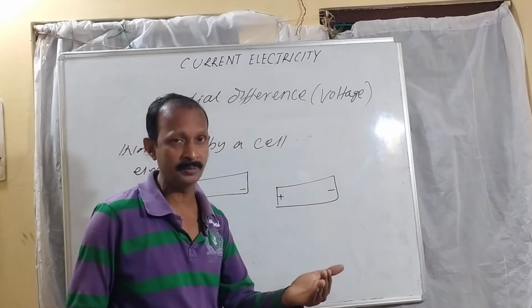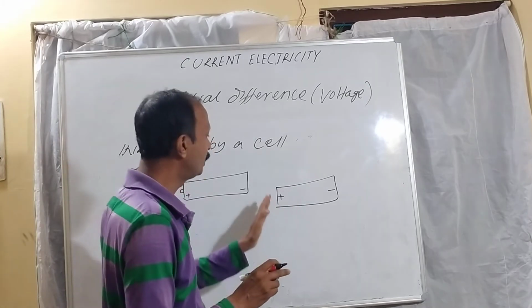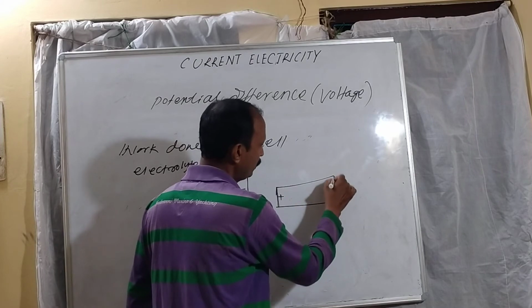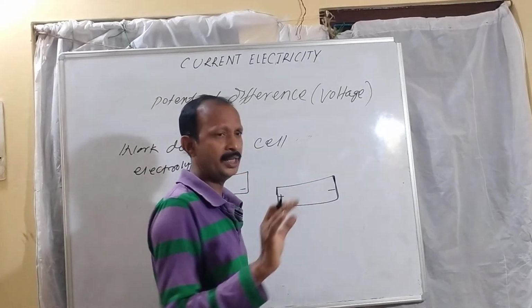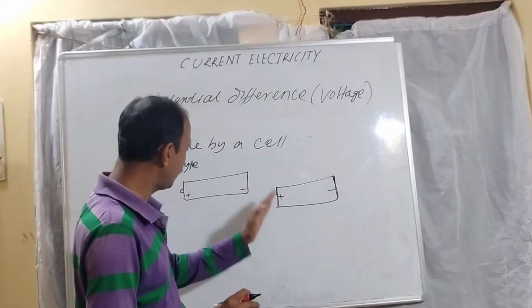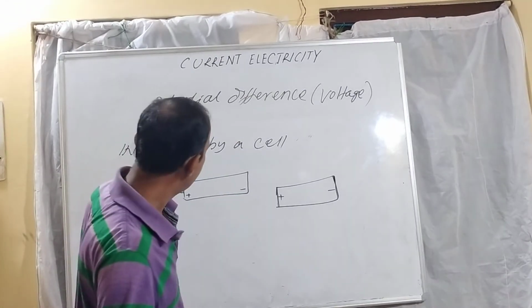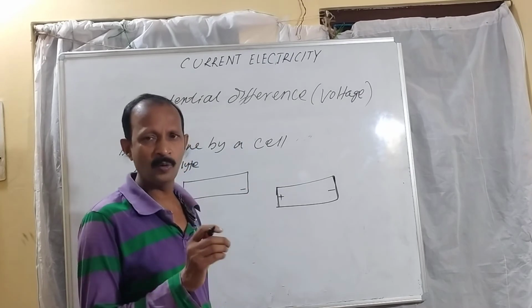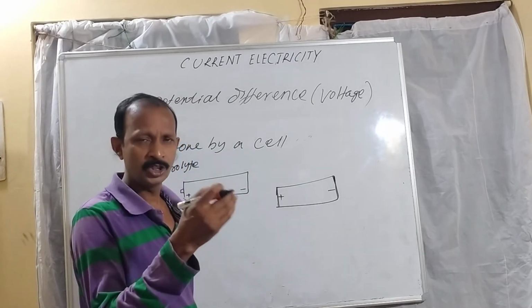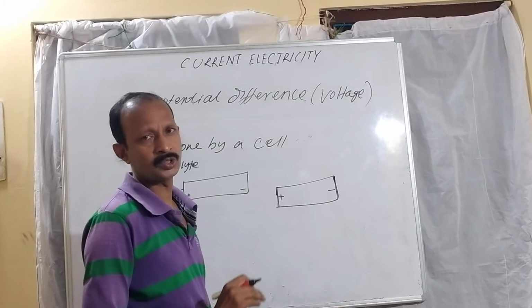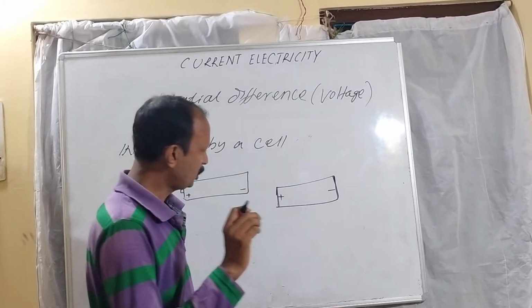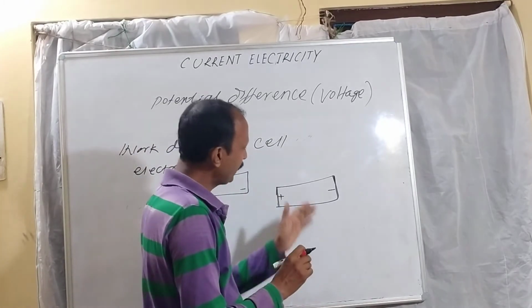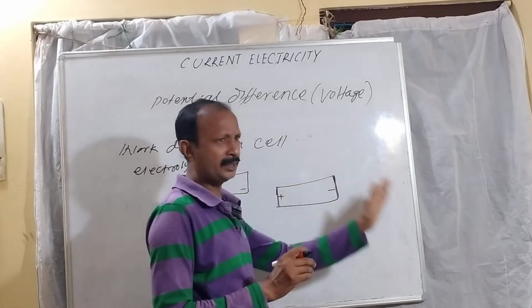Inside this cell, some chemicals are there. Those chemicals provide positive ions as well as negative ions. These positive ions move to one end of the electrode. Negative ions move to another end of the cell.